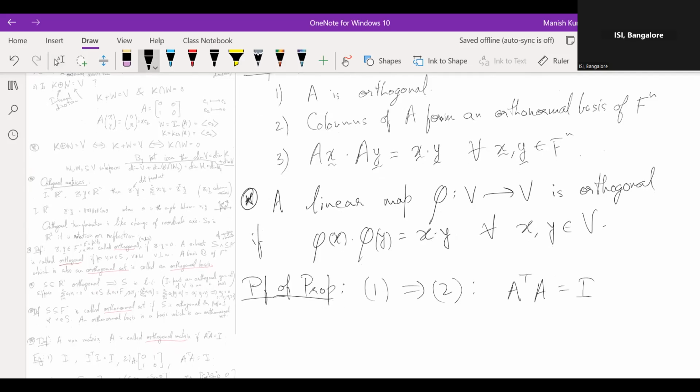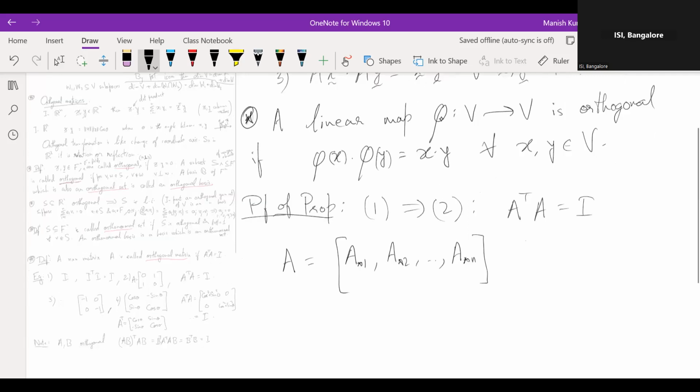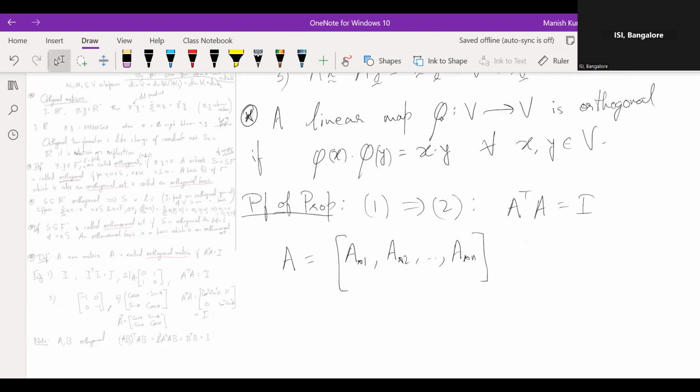A is an n cross n matrix with columns which I can think of as A star 1, A star 2, up to A star n.